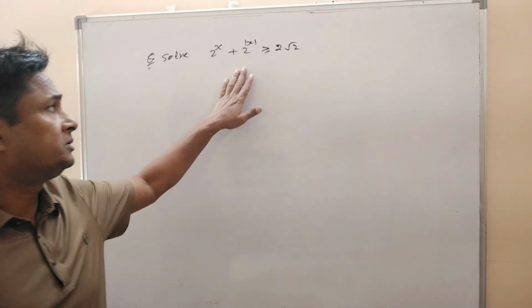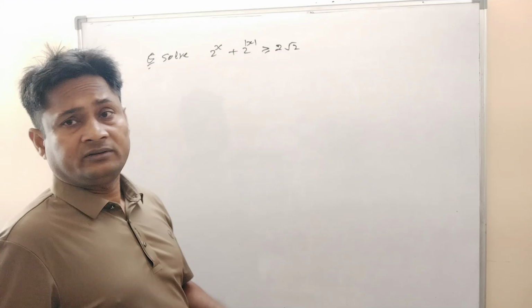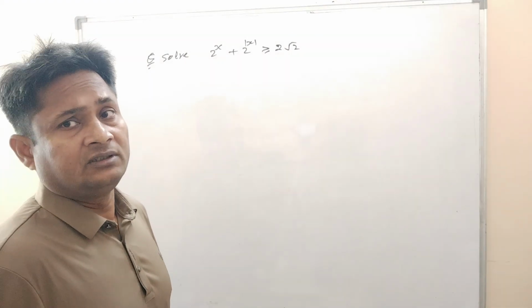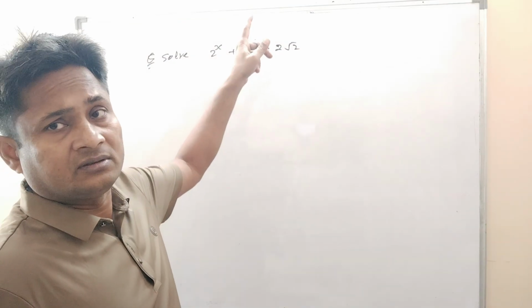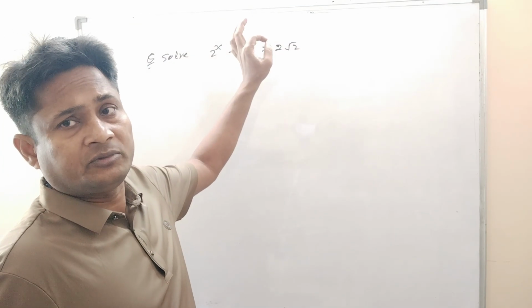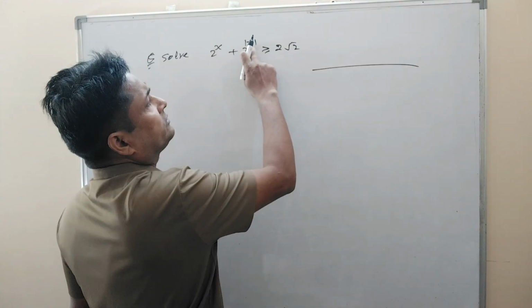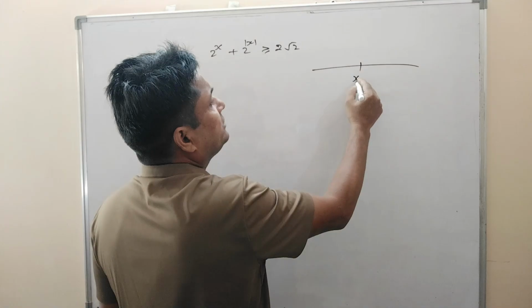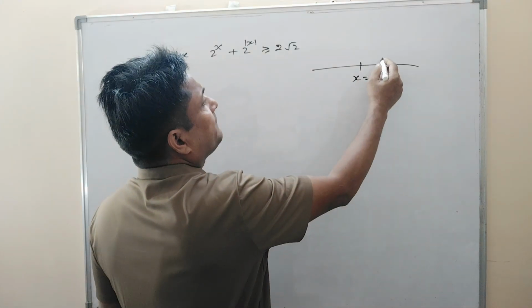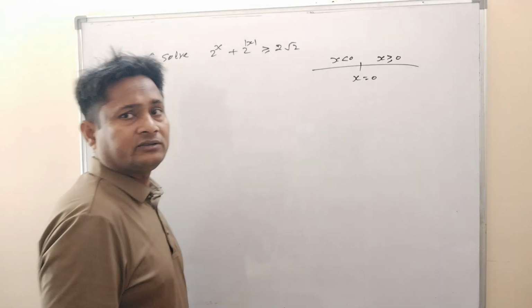Now let's solve this question. Here only one modulus is given, and inside the modulus is x. So you can find the root of this one: mod x equal to 0 gives only x equal to 0. So this interval will be x greater than or equal to 0 and this interval will be x less than 0.